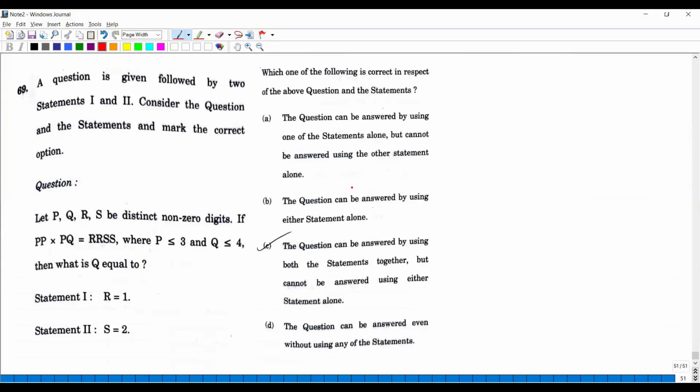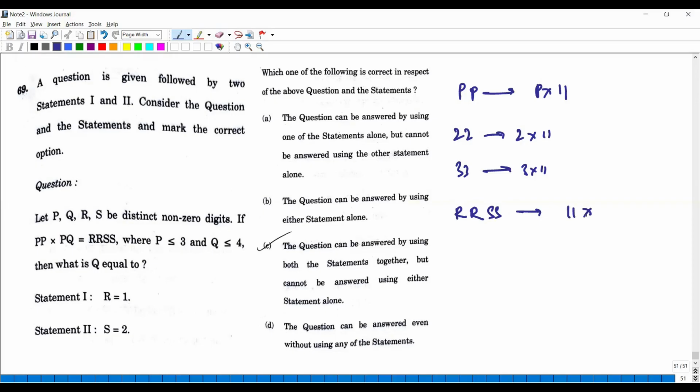Now this one is the last question. PQRS with distinct non-zero digits. If PP into PQ is equal to RRSS. Here, I can write the number PP as P into 11, because 22 is 2 into 11, 33 is 3 into 11, and so on. I can also write RRSS as 11 into R0S.